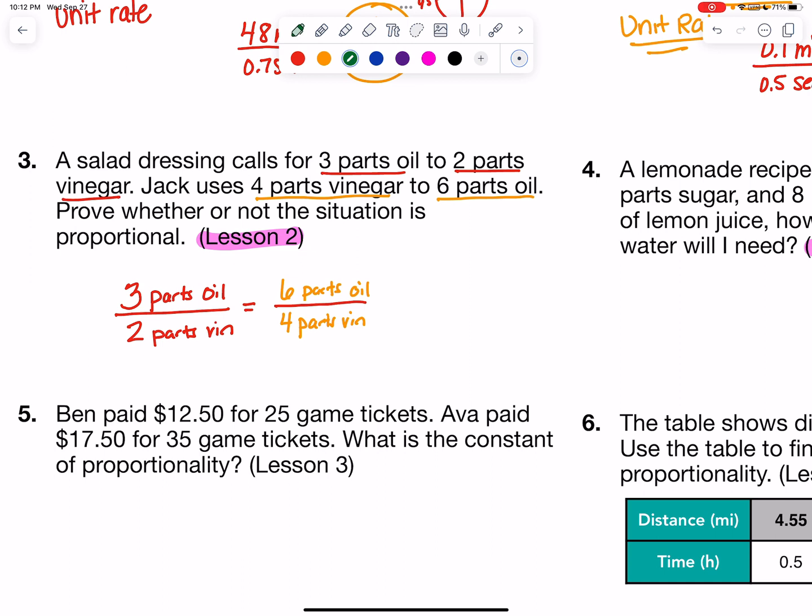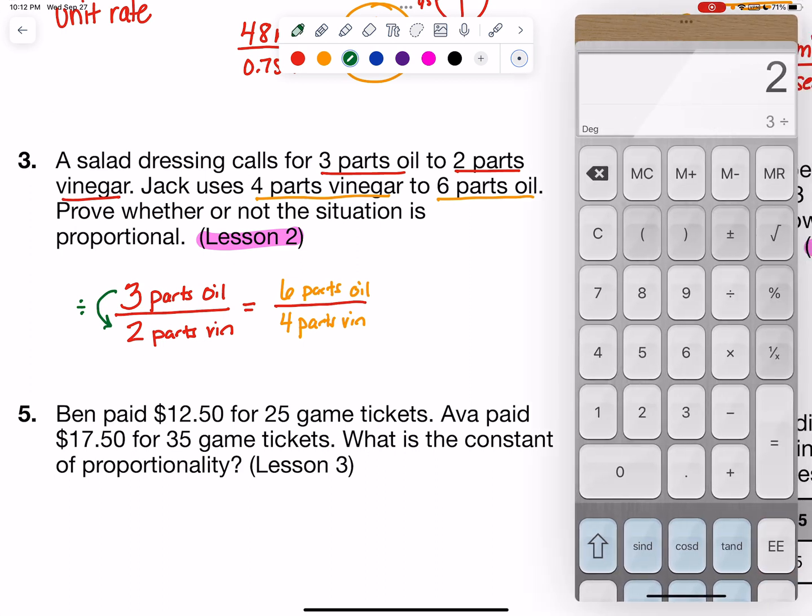My favorite is to turn each of them into decimals and do the division, but you could also do means, extremes, and cross multiply. But I'm just going to do the division. So you just do the 3 divided by the 2, and let's calculate that, and it's 1.5. Let's do the 6 divided by the 4, and it's also 1.5.